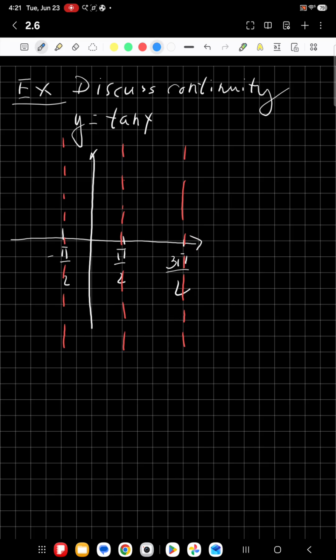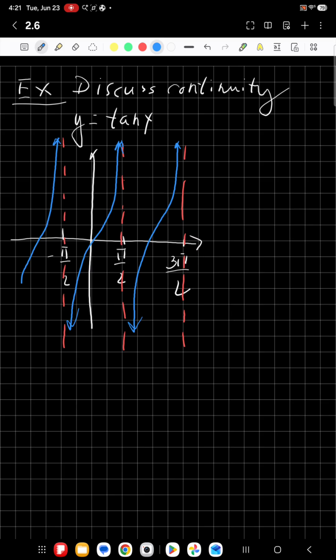Okay, so the graph looks like this. Make another branch here and another branch here. Right, so we're checking at those particular axes, so negative pi over 2, pi over 2, 3 pi over 2, etc.